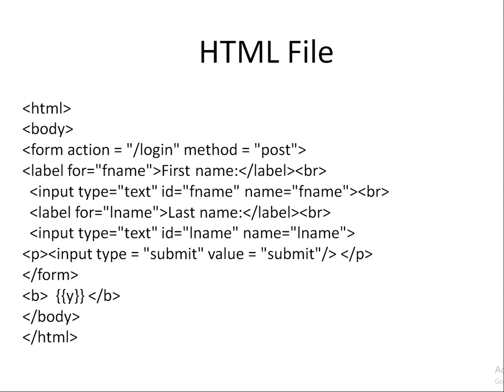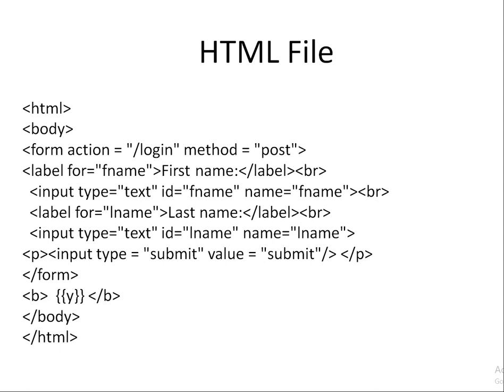The form action is nothing but, since we are giving a submit button, due to the submit it has to do this action. There are two methods, get and post. Here we are using the post method, so automatically it will render the content from the web server to this HTML file. The form is very important for posting and getting information from the web browser.